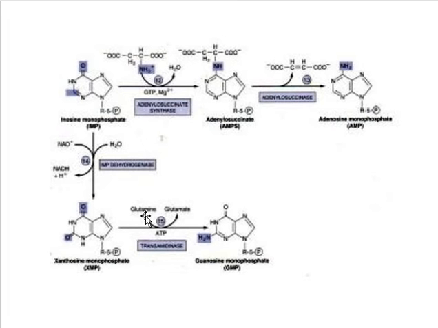In this reaction, the glutamine provides its amide nitrogen to the XMP, and after the transfer of amide nitrogen from the glutamine to the xanthosine monophosphate, the product produced is the guanosine monophosphate or the GMP. This reaction is an energy requiring process. In this reaction, the energy is provided by the hydrolysis of ATP. The enzyme catalyzing this reaction is the amidotransferase.